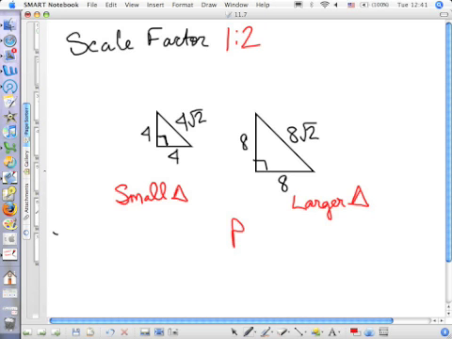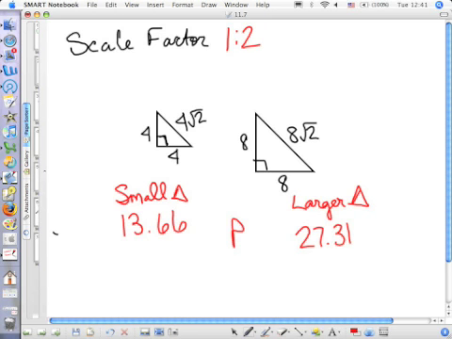I just recently forgot how you find the perimeter of a triangle. Yeah. Just add the sides. You should get 13.66 for the small triangle and 27.31 for the larger triangle.